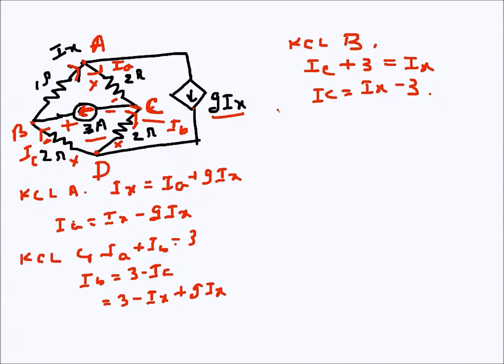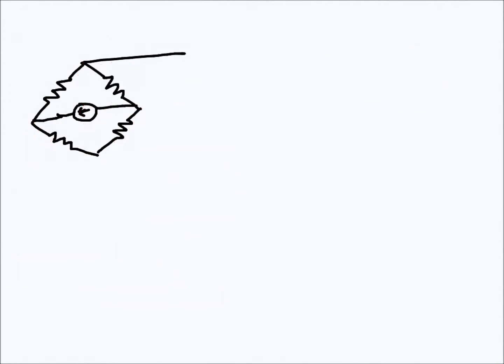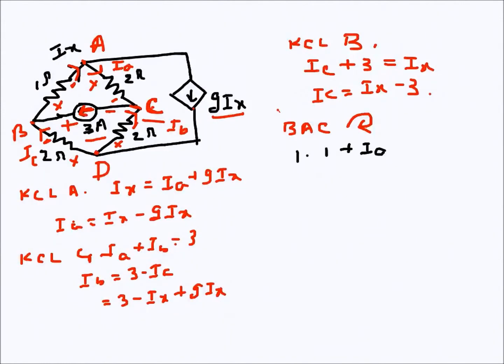Now let's write the KVL for loop BAC, in the clockwise order. So this one will have a drop in this direction. Let me use black now, maybe. So 1 ohm times Ix, that's a drop. IA times 2, that's a drop.